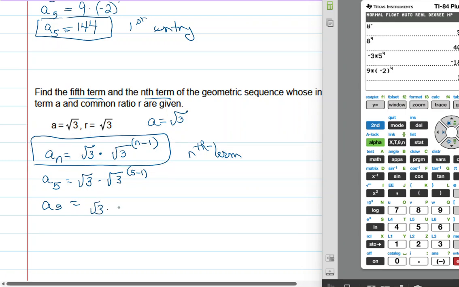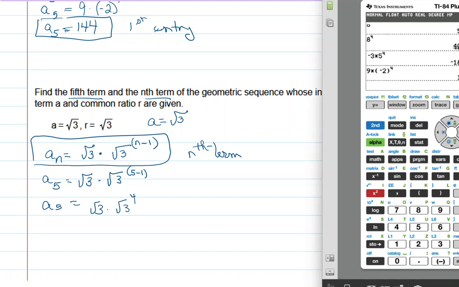Times the square root of 3 to the 4. So I'm not going to enter the square root of 3 because it's a multiplier. I'm only going to do the second one because you'll get a decimal. So I'm going to do a second x squared to put 3, get out of it, and then I'm going to go up caret 4 and get 9.